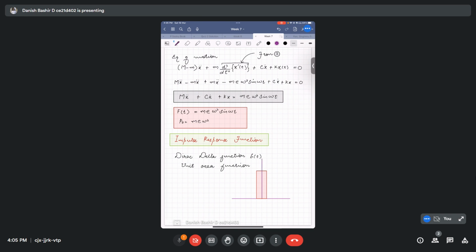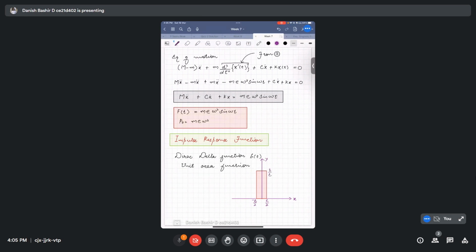So this function is like this along x, along y. It is defined in such a way that it will be minus epsilon by 2 to epsilon by 2, so that the total width is epsilon and the height is 1 by epsilon.